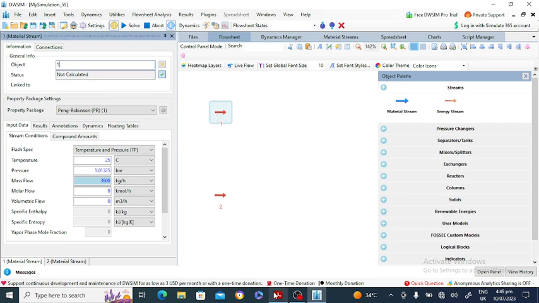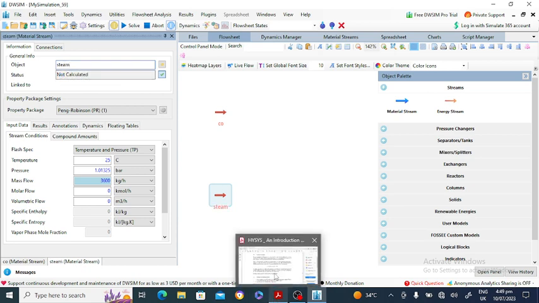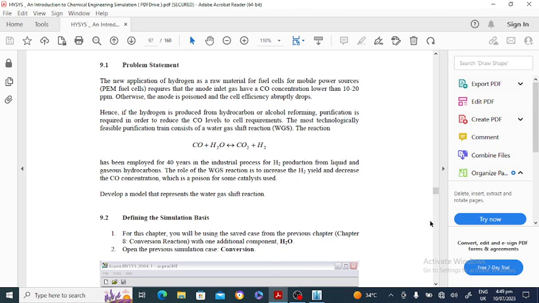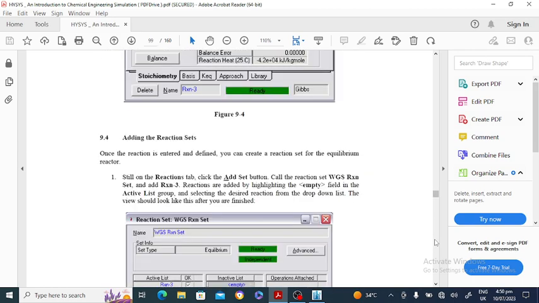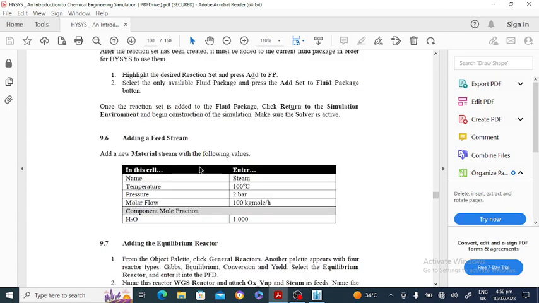This is carbon monoxide, CO, and this is steam. Now the flow rate, temperature and pressure of these are given. So the steam information is given to us.